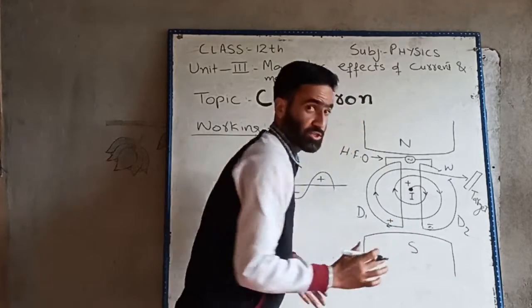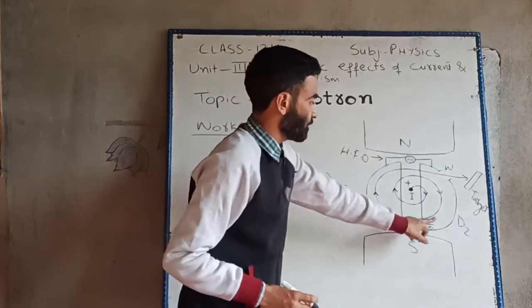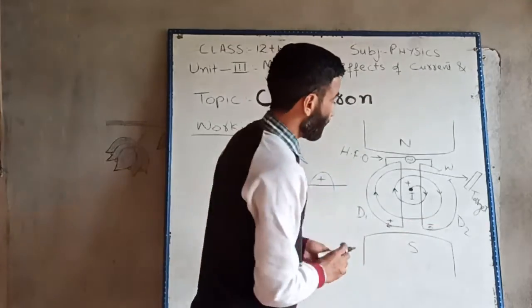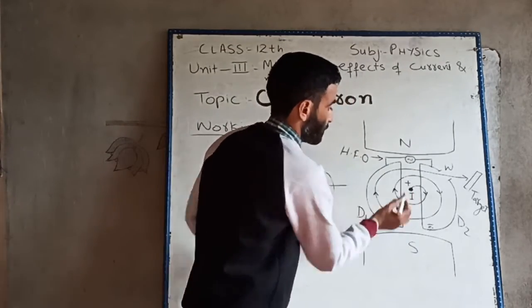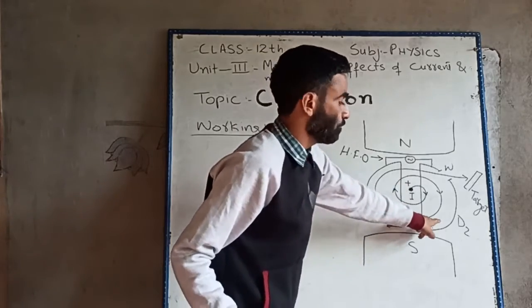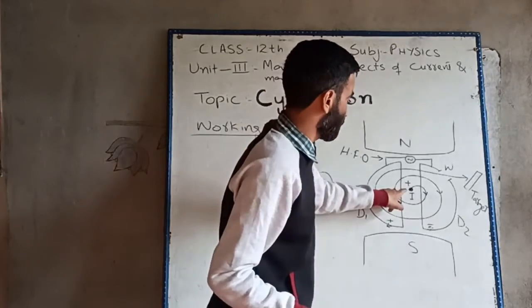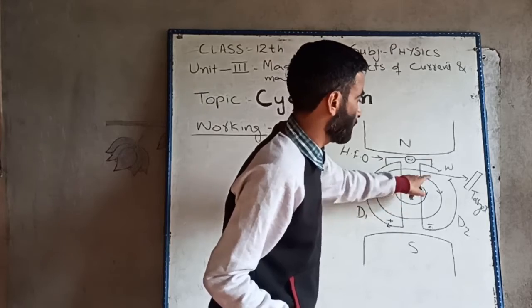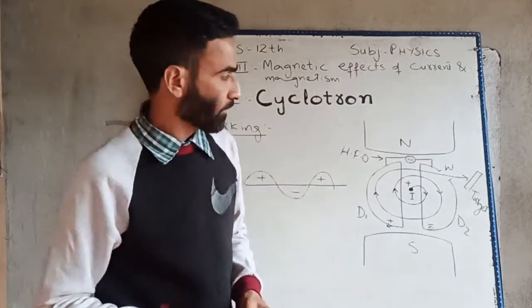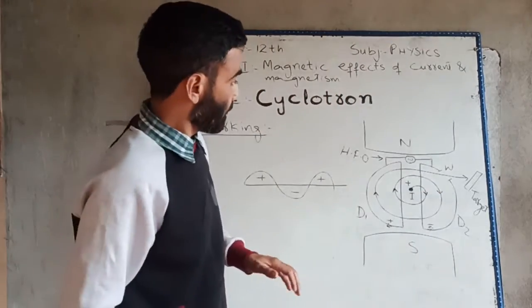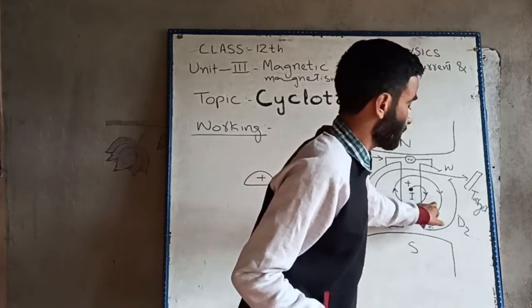So let us take the first half again. For the first half, let D2 be negative. What happens to this charged particle? Since it is positively charged and D2 is at negative potential, the particle gets attracted towards D2 and enters this half chamber.